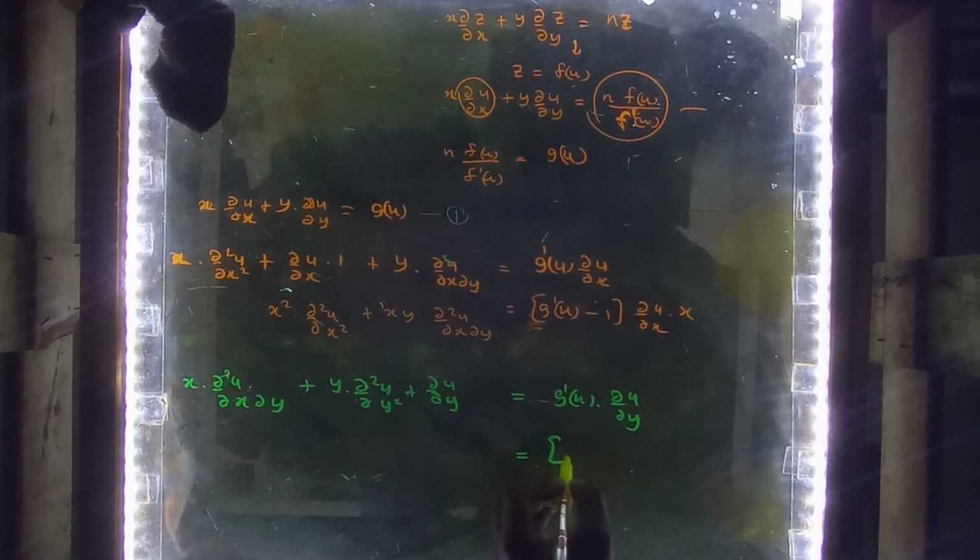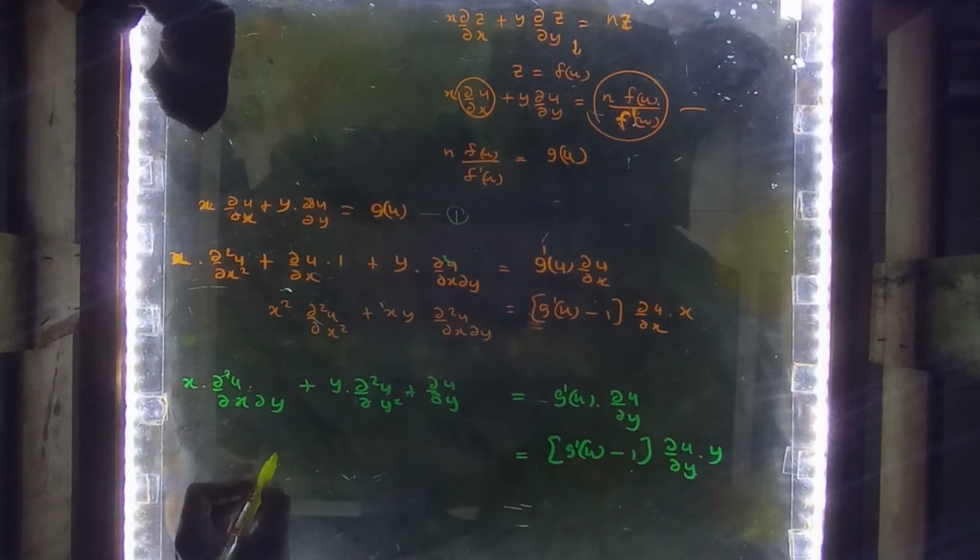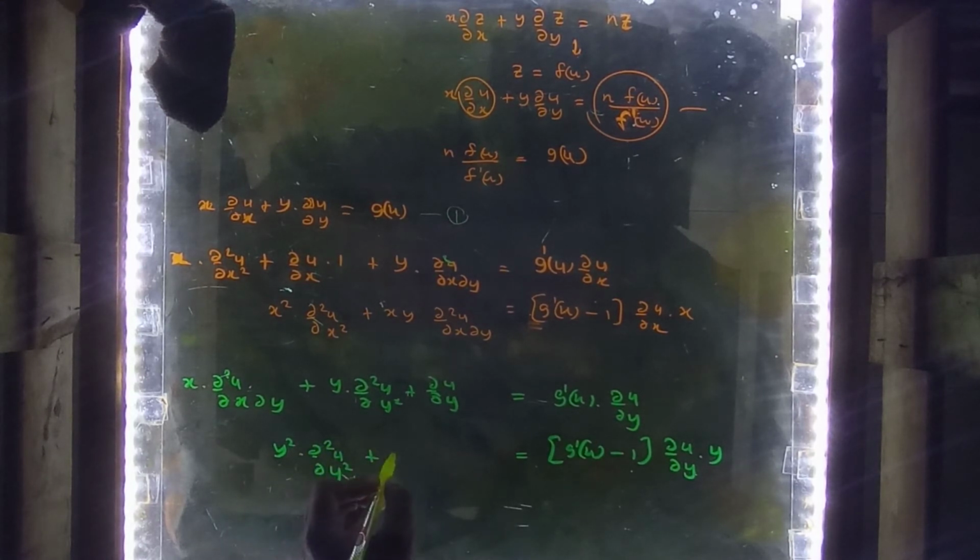Here I'm going to write it down at once: g prime of u minus 1 times partial u with respect to y times y. So it looks like y squared times partial squared u with respect to y squared plus x times y partial squared u with respect to x and y.